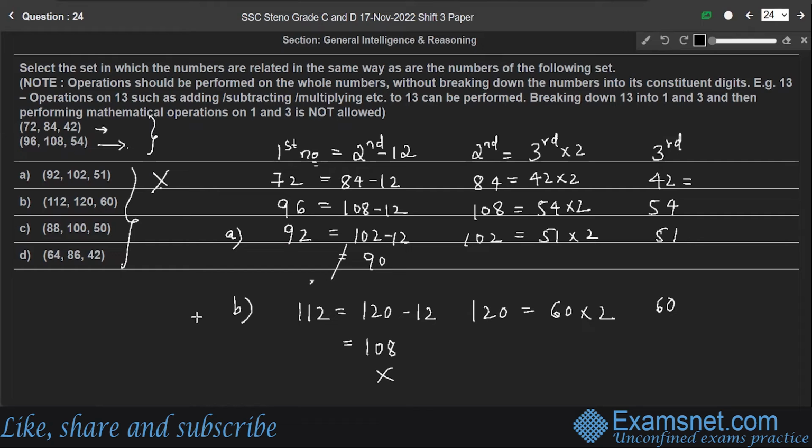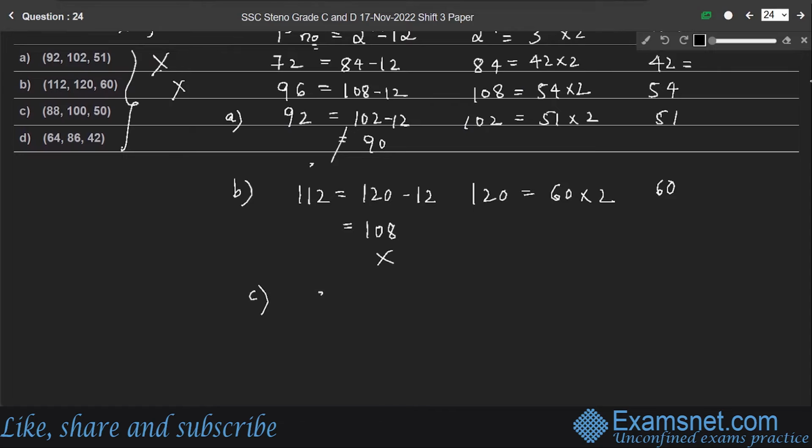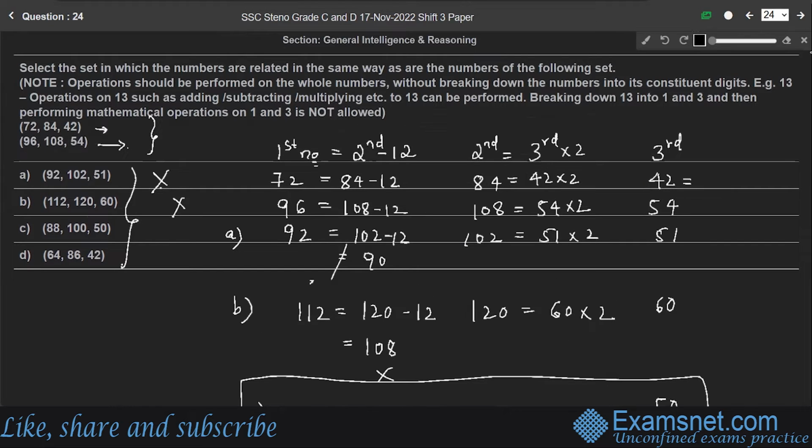Therefore option B is not the answer. Consider option C. 88 is the first number, the second number is 100, and the third number is 50. 100 is twice 50, so the first condition is satisfied. 88 is 100 minus 12, which is correct. So option C follows the logic of the given two sets of numbers. Therefore, C is the right answer.